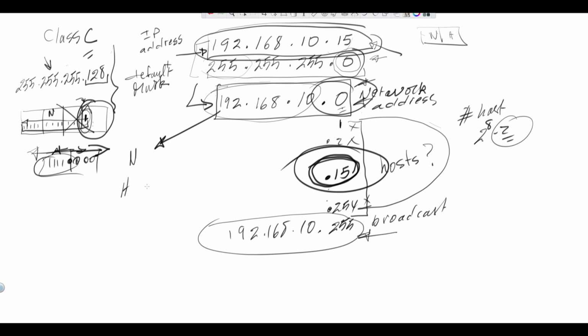The host, you identify it this way, 192.168.10.15. So you completely use the whole IP address to say how it's represented. Yes, it is represented as a combination of network and host, but that is your device. That is what you would put in the device, plus the subnet mask.